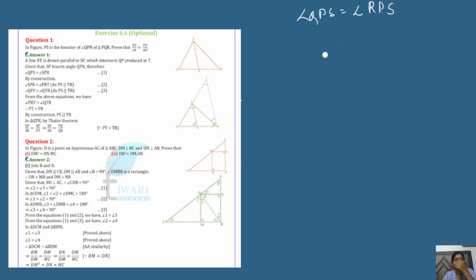By construction it is proved that angle SPR is equal to angle PRT.